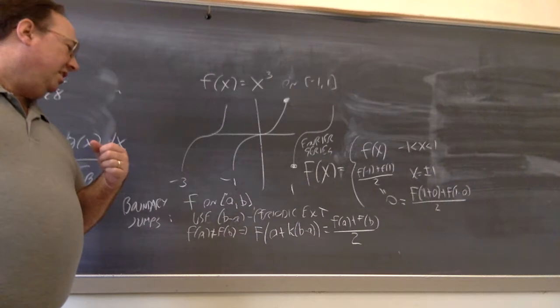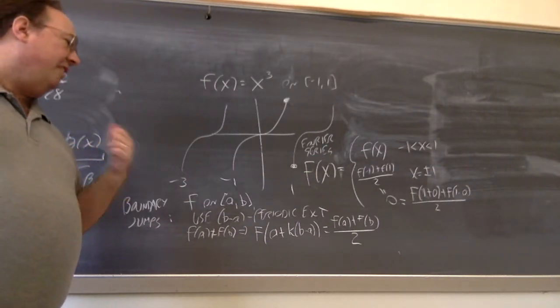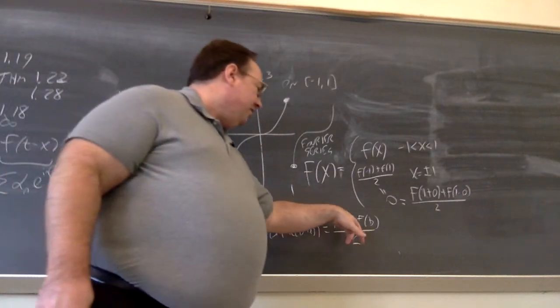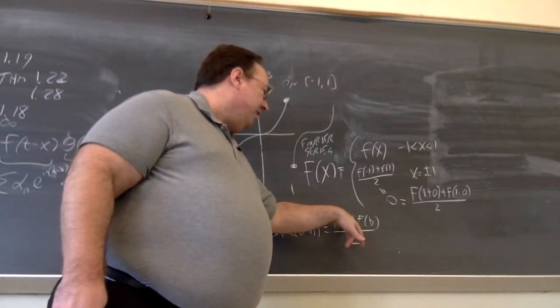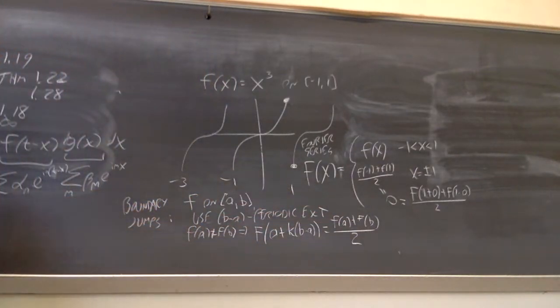Suppose there's a point c where it jumps. Then you have to say f of c minus 0 and c plus 0. There isn't really any other good way to express it. Okay, any questions about jump discontinuities?